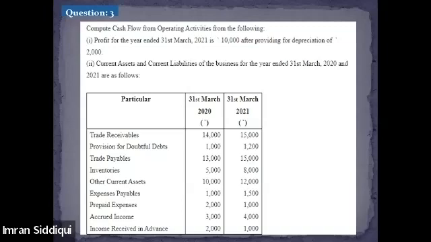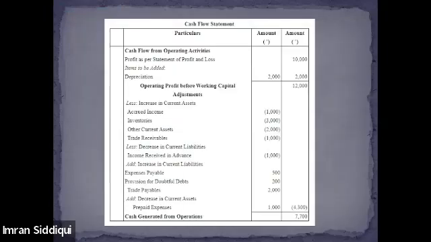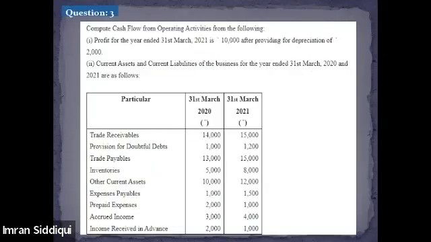And apart from this, prepaid expenses decreases, inventories, yeah. Inventory also increases from 5 to 8,000. So all these current assets are increasing, and because there is an increase in the value of the current asset, we have to subtract the value of these. 1,000, 3,000, 2,000. And paid receivable is also increasing, right? Everyone is able to see that paid receivable is the first item.